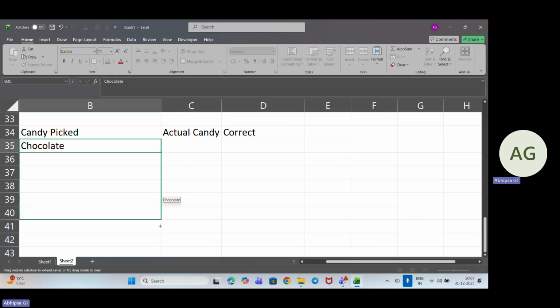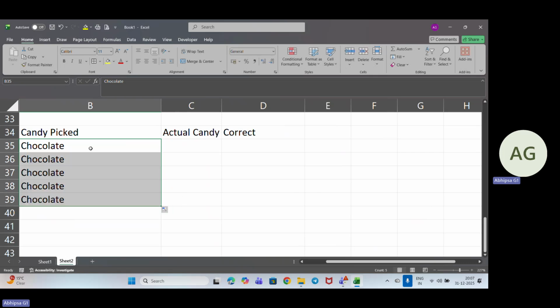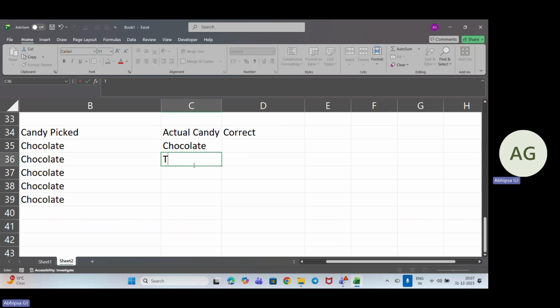So let's take 5: 1, 2, 3, 4, 5. All of the candy picked is chocolate. Actually, this one was a chocolate, so it is yes. For this one, suppose it was a toffee.